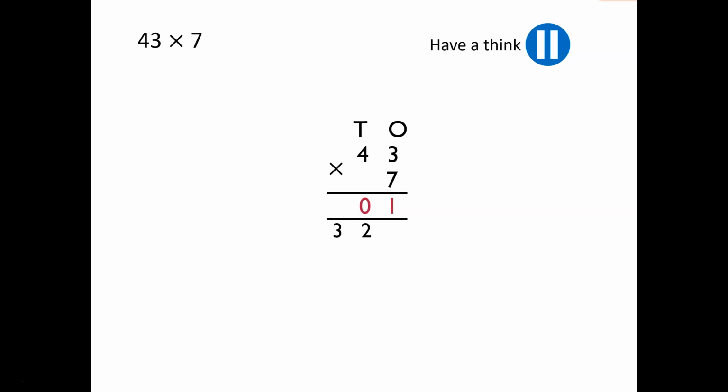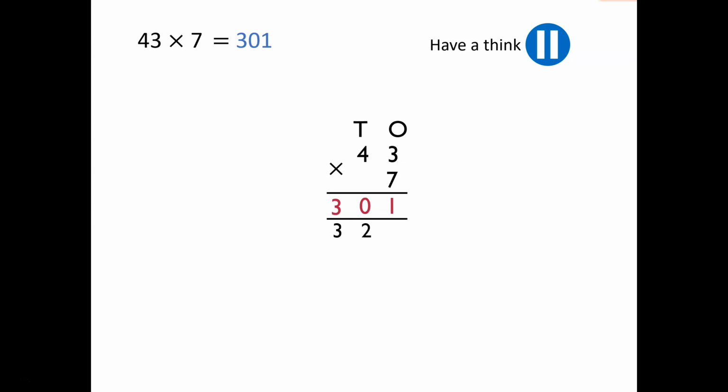I've nothing else to multiply, but I must remember to record the 3 hundreds that I now have in my answer space. I write 3 in the hundreds place in my answer space. 43 multiplied by 7 is 301. You will get lots of practice of this in your independent task. Remember, keep going back and checking the examples if you're unsure.